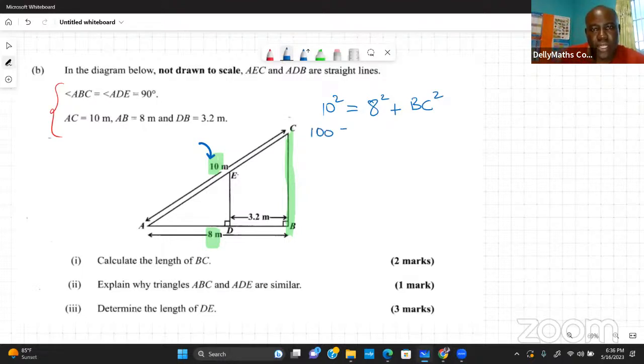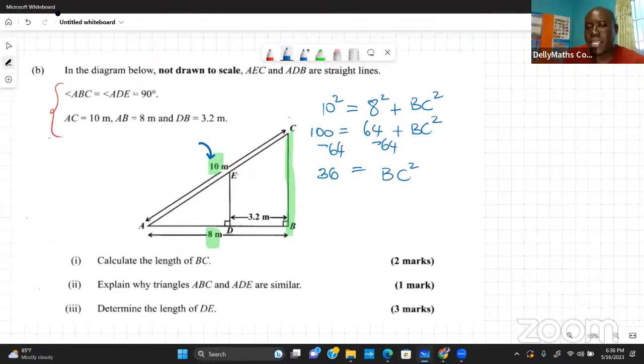10 squared is 100. 8 squared is 64 plus BC squared. In an effort to find BC, let us subtract 64 from both sides. I believe I'll get 36 is equal to BC squared.